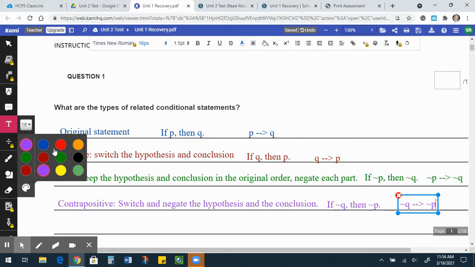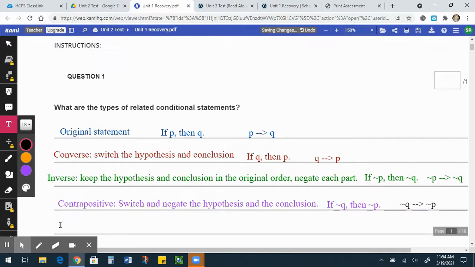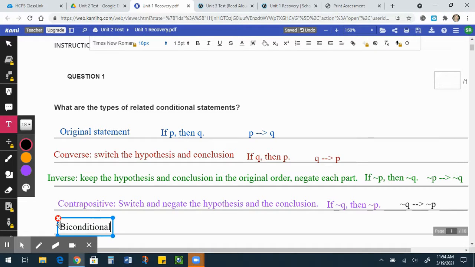All right, last one is called the biconditional. Now, y'all, bi means two. So the biconditional means we take out the word if, and we take out the then.